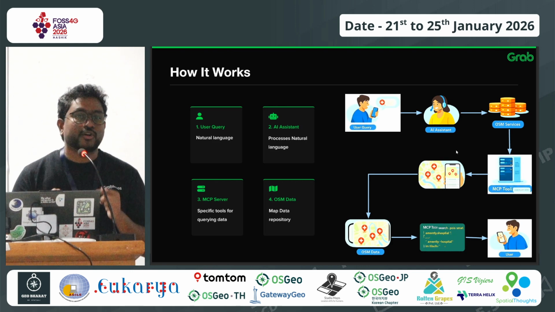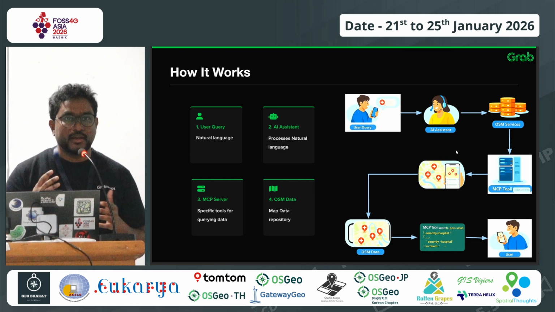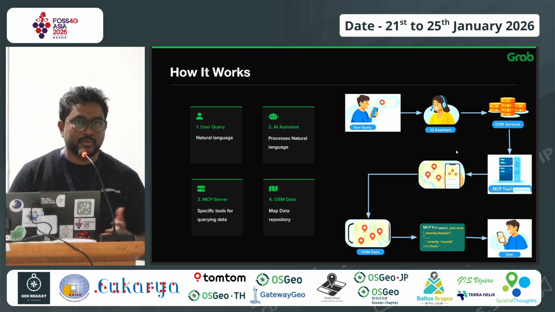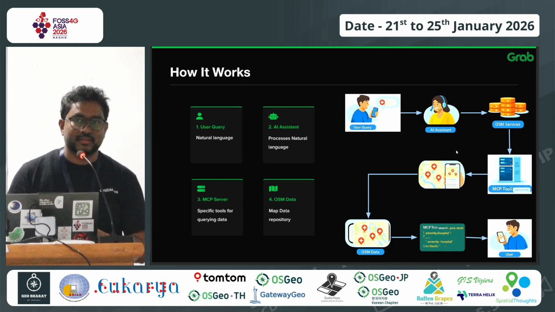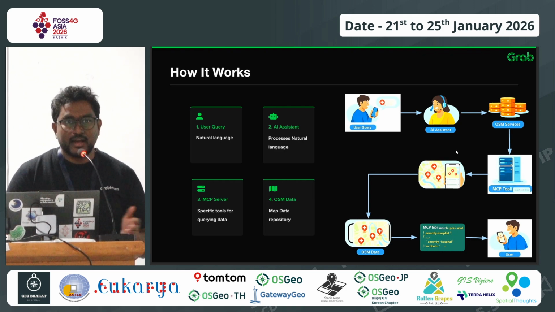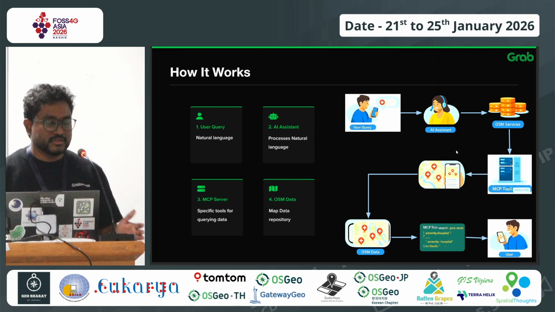Then MCP will call, okay, we need to call Overpass because the user is asking for some data to be analyzed. It will run Overpass on your behalf, download the data, and show that, hey, this is what I found. You can do further analysis, and the user is happy. They just have to ask the agent to look into this OSM data through this MCP and give me the data. So this is how it's going to work.